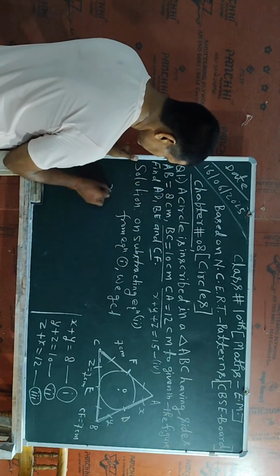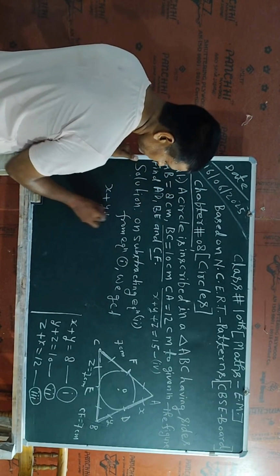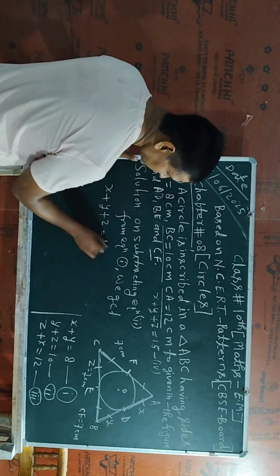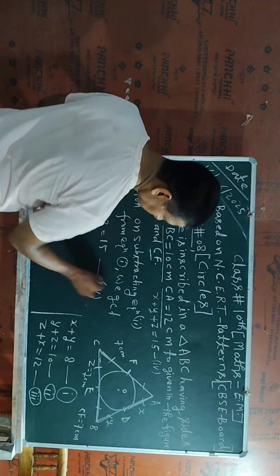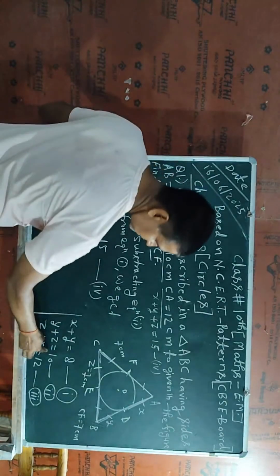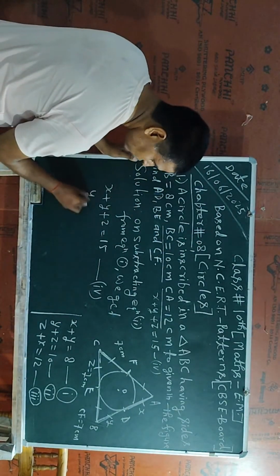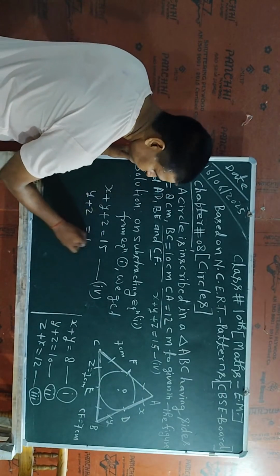So here I will write equation number 1, x plus y plus z equals 15, that is given here. And now I have to write equation number 2, y plus z equals 10.